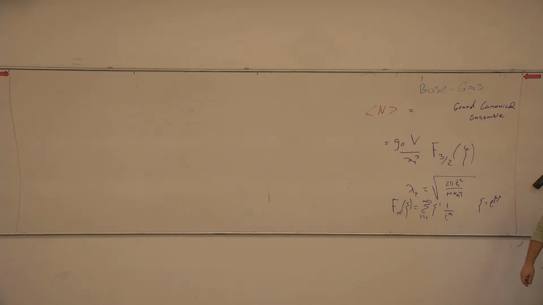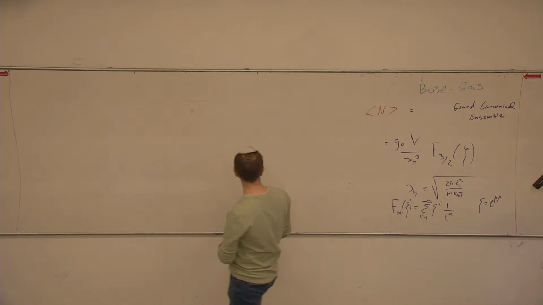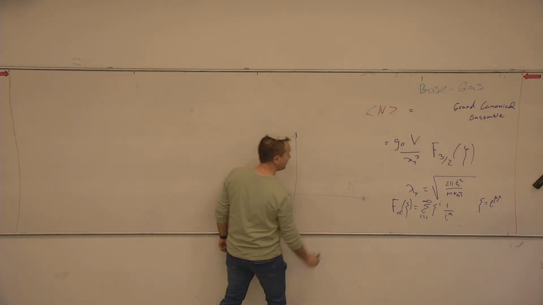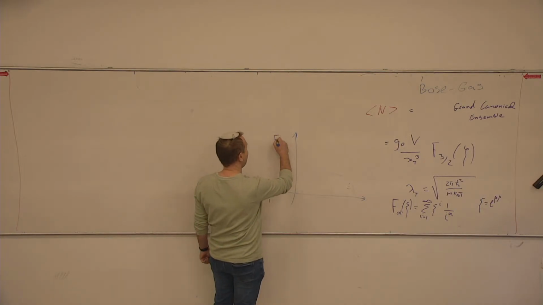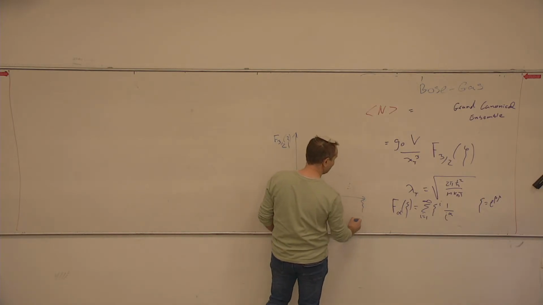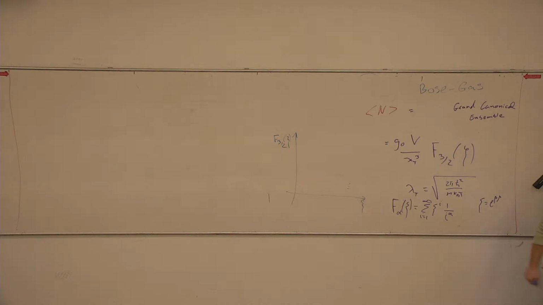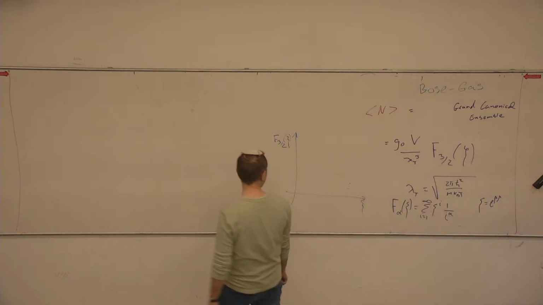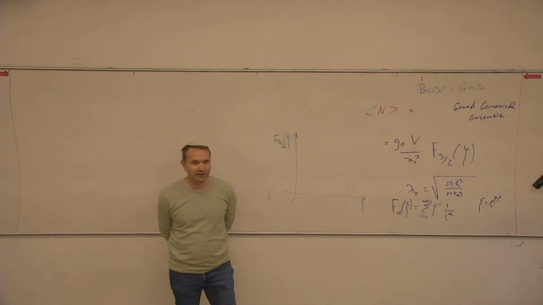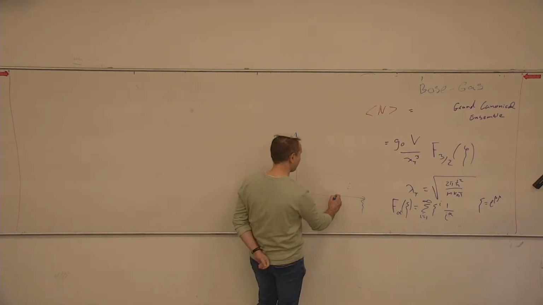Why was there a problem? I remind you, the problem was with this polylogarithmic function. So we plotted f 3 halves of the fugacity as a function of the fugacity. It diverges, or basically does not converge to anything, for fugacity larger than 1, which means mu equals exactly 0.